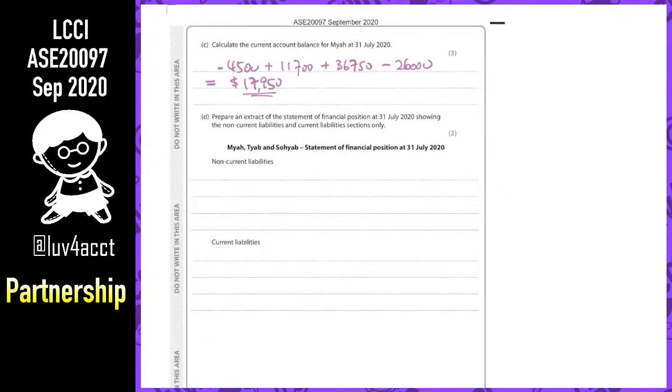Okay. Sometimes we will also need to work on the current account of this partner M. Okay, then we will have an opening debit balance. Appropriations positive here, 36,750. And then drawings here. Then we have the closing balance, positive closing balance.